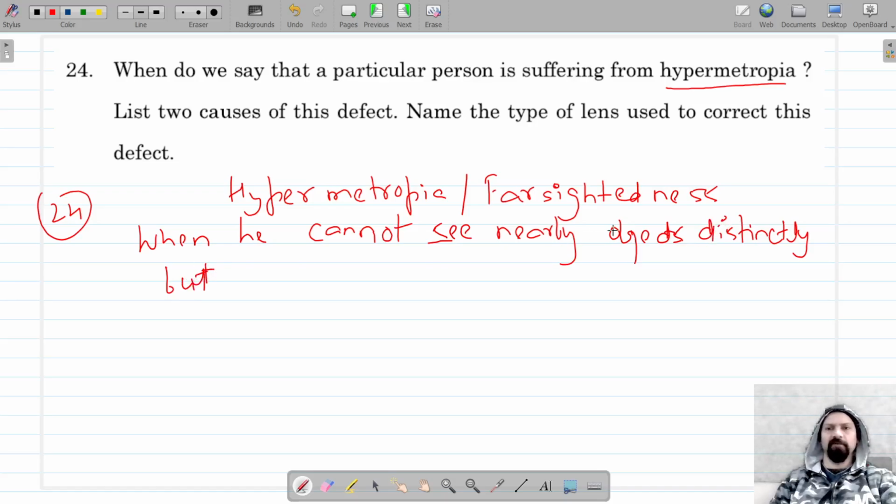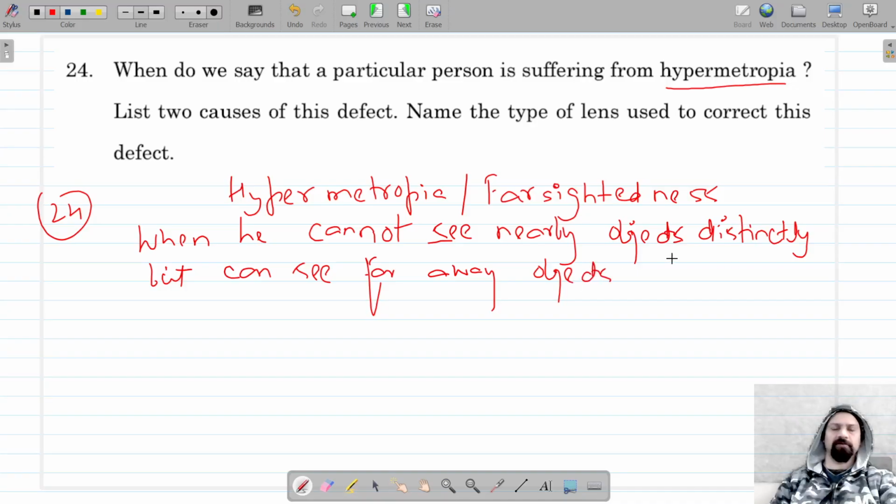He cannot make sure whether objects are clear enough or not. So when he cannot see nearby objects distinctly, but he can see far away objects clearly.